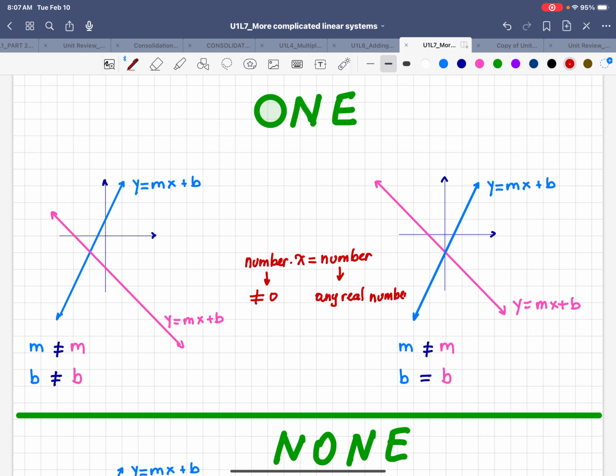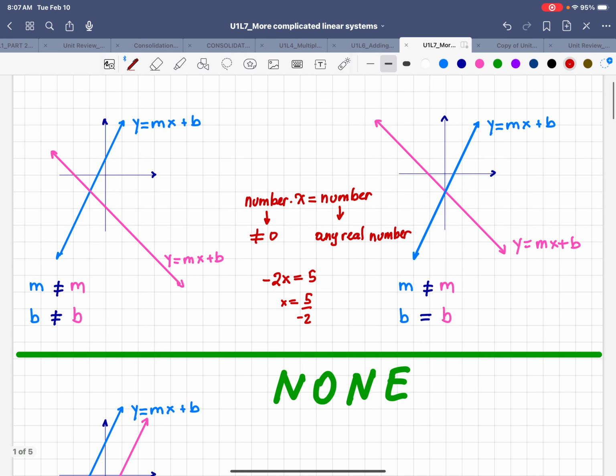That's how we know that we are getting one solution. For example, we may end up with negative 2x equals 5 and x equals 5 over negative 2. Then you can find the y-coordinate, the same way as for all systems of equations, by substituting it into the other equation.